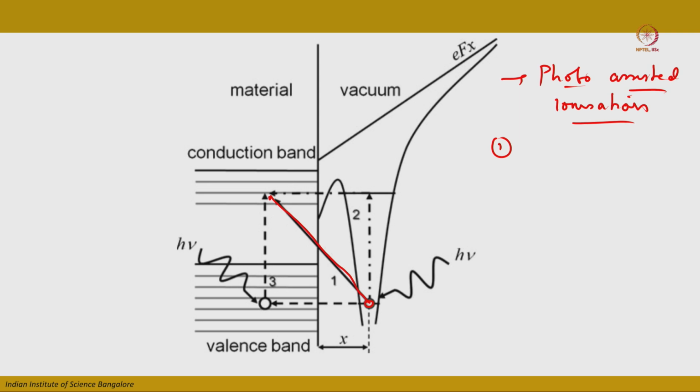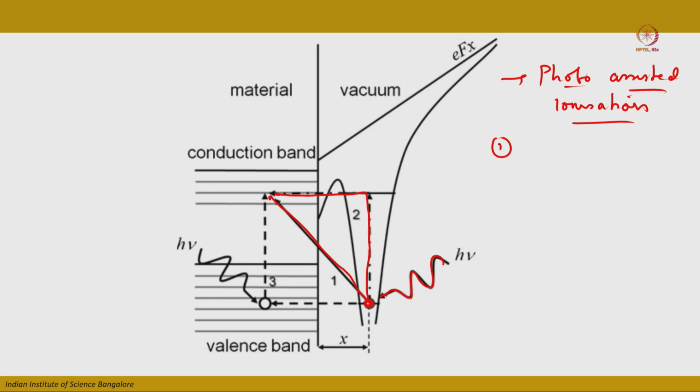The second path is that the electron from the adatom is excited by the resonant absorption of a photon, h nu, due to which this electron can go to this position and tunnel to the conduction band.